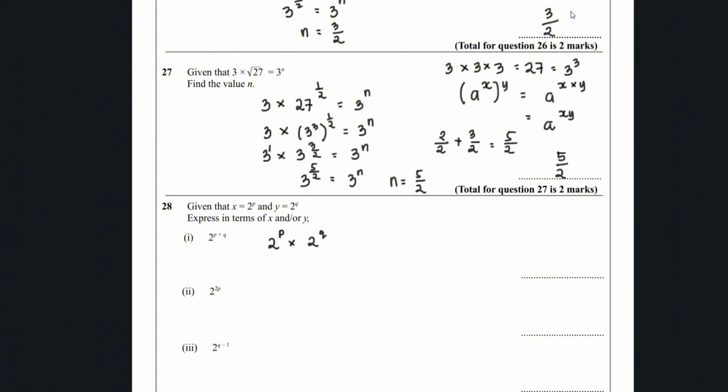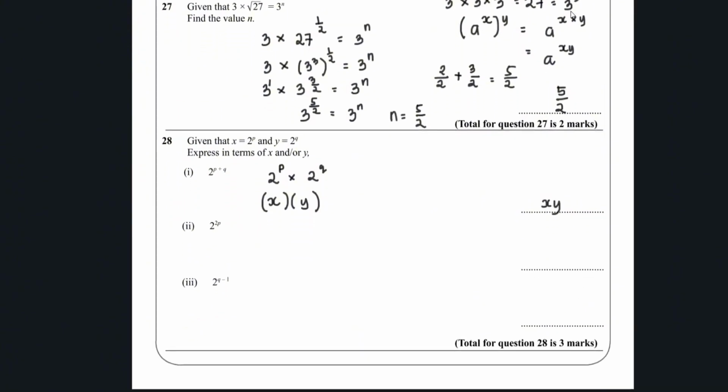Because you'll have to add the powers, right? You have to add the indices, right? Now, 2 to the power of p is equal to x, and 2 to the power of q is equal to y. So this is simply x times y. Easy, right? Now let's go to the next one.